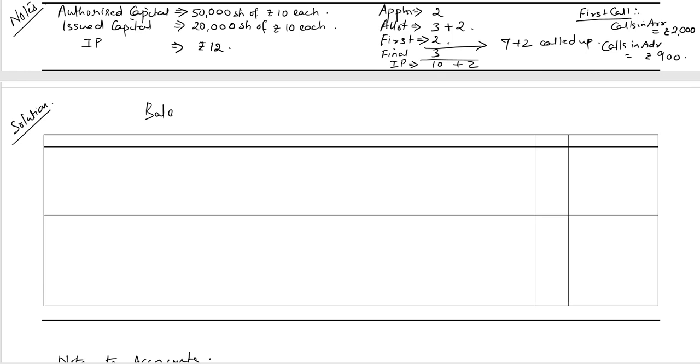Balance sheet of Star Limited as at 31st March. We have particulars, note number, and a rupee column.